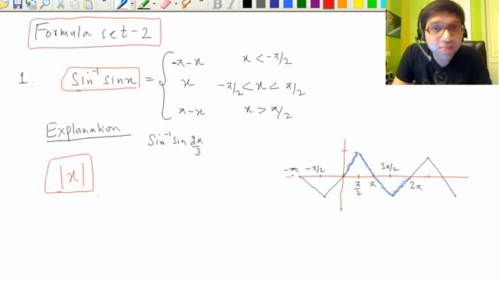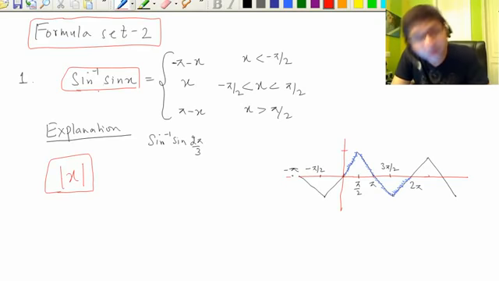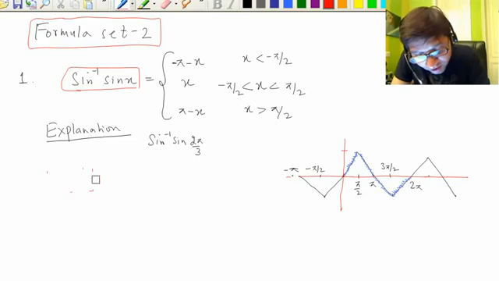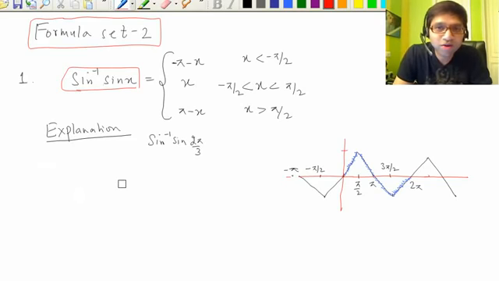This sine inverse sine x belongs to the same category: it's a compound function, a piecewise defined function, and again it is not obvious when you look at sine inverse sine x. It doesn't appear to be a compound function, but actually it is. Compound function means we have to split this into definitions, into parts.